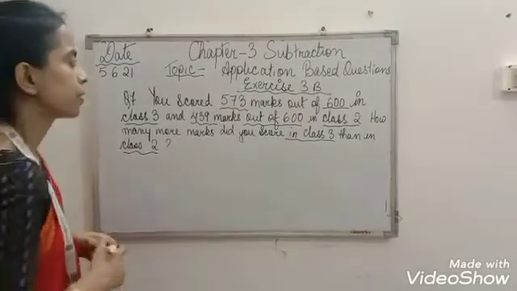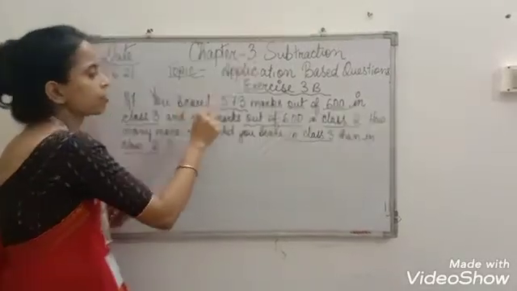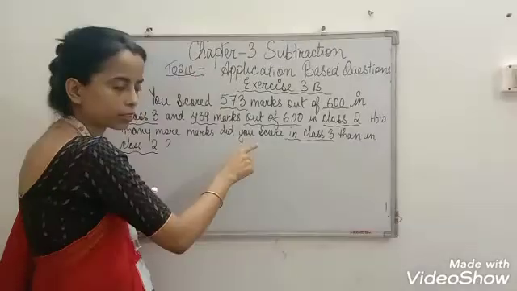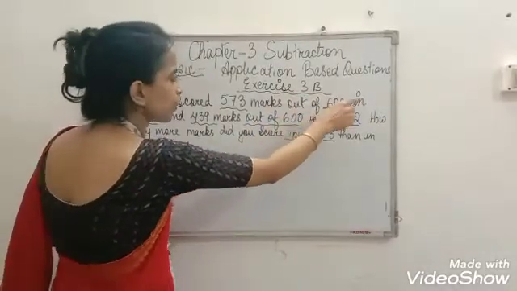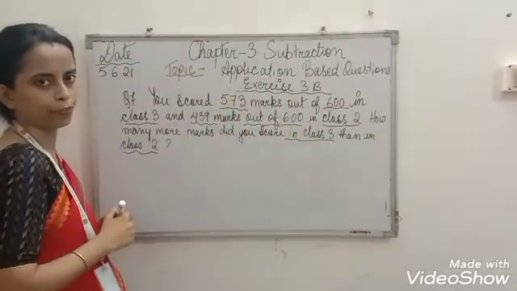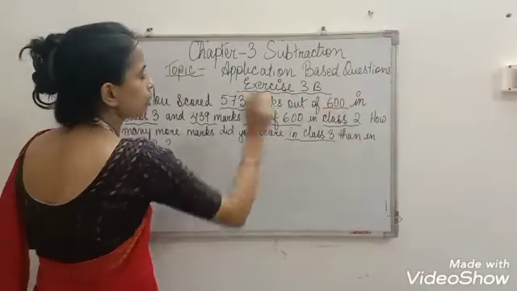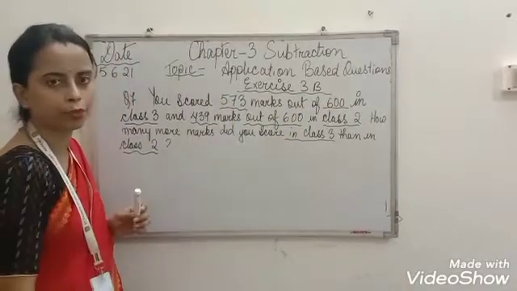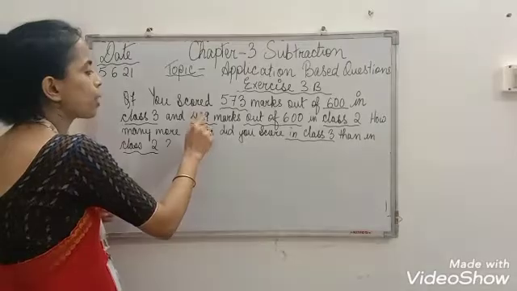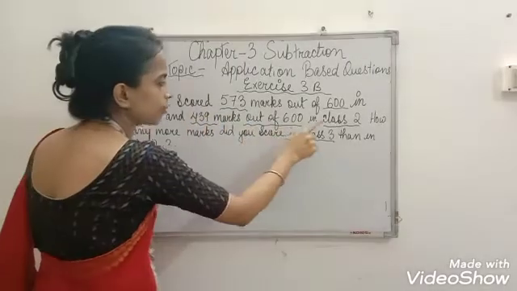What is given here? You scored 573 marks out of 600 in class 3. Alright, that means in class 3 how much did you score? Out of 600 you scored 573. And 439 marks out of 600 in class 2.